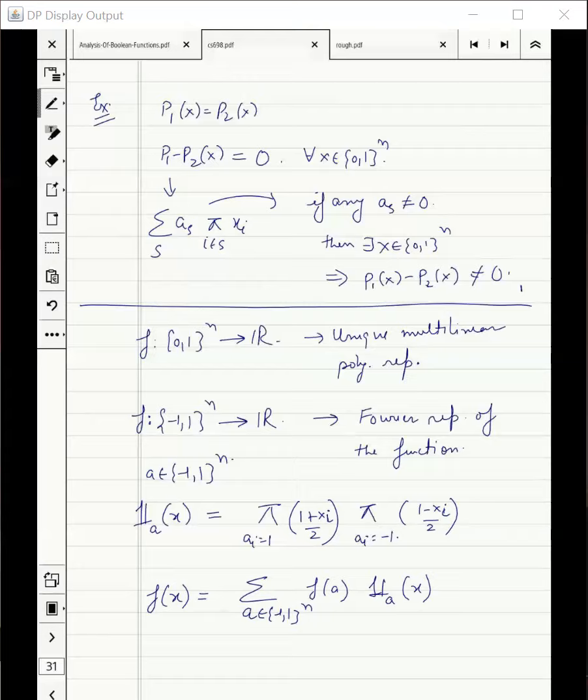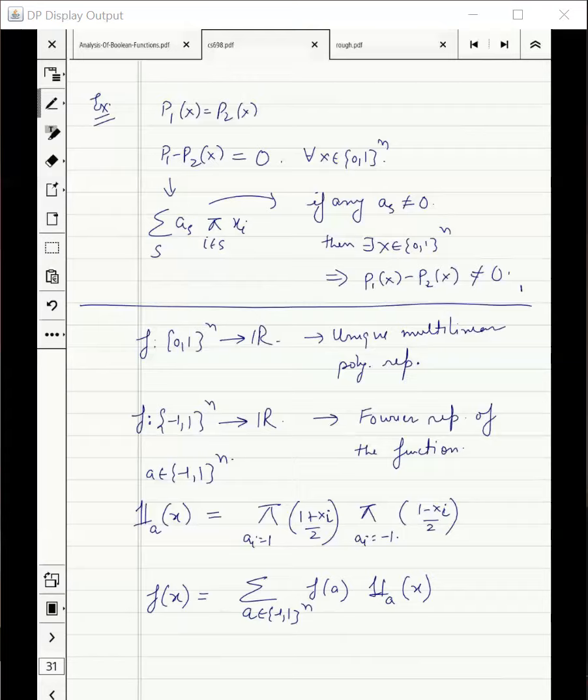Oh, if ai is, you remember what we did in the 0, 1 case, right? Yes. When it was 0, we put 1 minus xi. Why? Because 1 minus xi is 1 when the value agrees with what we want, and when it doesn't agree, then we get a 0. Okay. So when ai is 1, it is 0, and when ai is minus 1, it is 1.